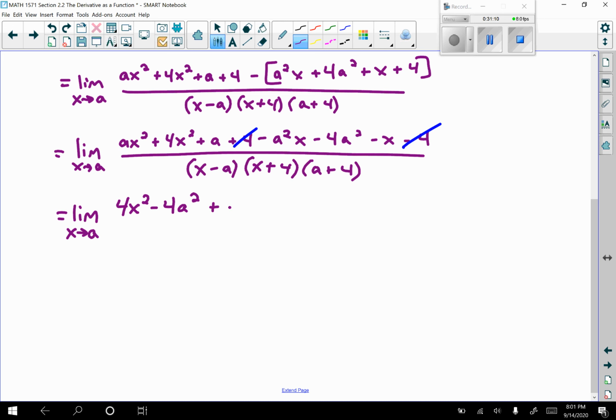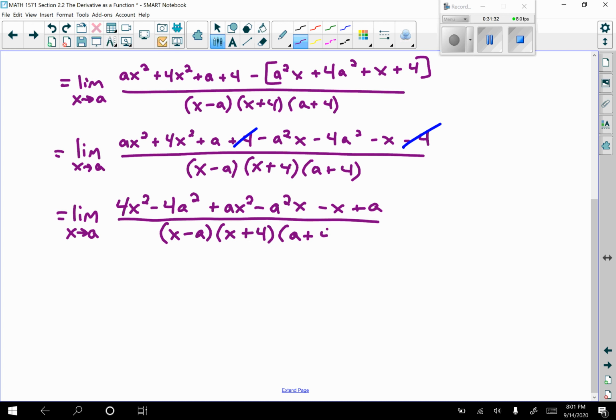Let's do those next: plus ax squared, so the x squared part goes first, minus a squared x. And then I have last a minus x, so let's put the x first: minus x plus a. That looks good. Then we have x minus a all over this denominator, x plus 4, a plus 4.